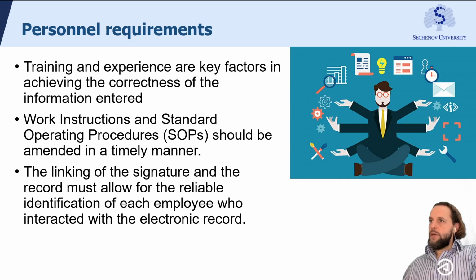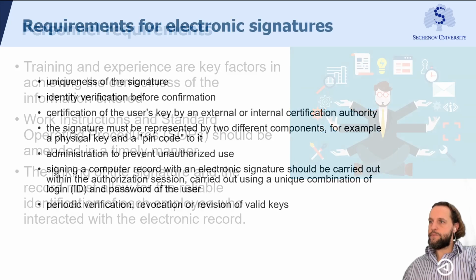For personnel, we have several requirements also. It will be training, all required operational procedures need to be in place, and there should be an exact link between a certain person and its owner.